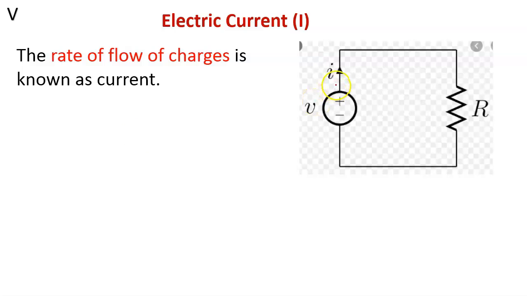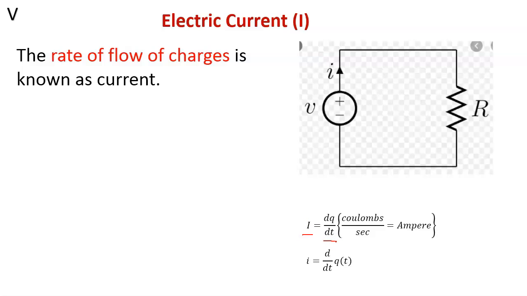So here we are showing a source in this fashion, and current is moving through the circuit, and in schematic representation we are showing a resistance, a load resistance kind of thing, like the bulb we have shown in the earlier diagram. Mathematically, current I is the rate of flow of charges.